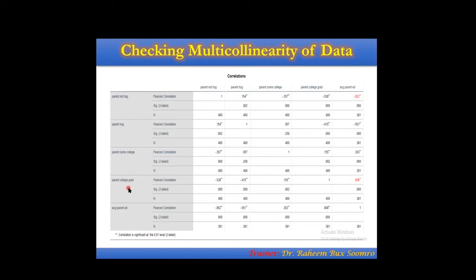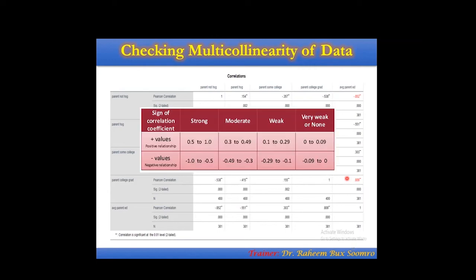Then again, here there is also multicollinearity, because there is high correlation between the two variables, 0.809. So these are the two major issues because of which multicollinearity is present in our data. Again, I'm repeating that the acceptable range of correlation is 0.3 to 0.7. If your values are within this range, it is acceptable.